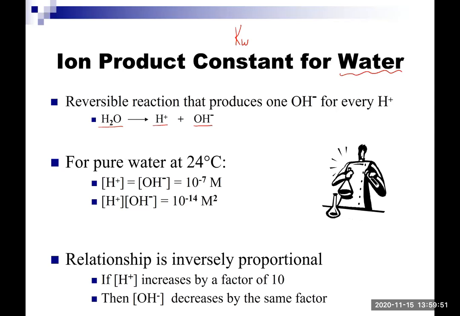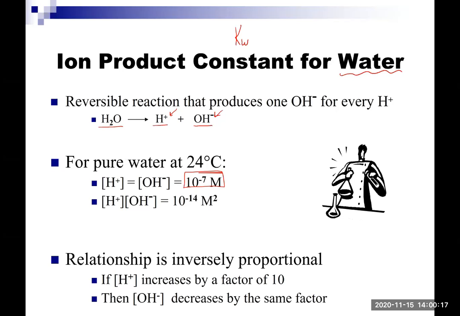So at room temperature, which is around 24, 25 degrees C, this H plus concentration is equal to this OH minus concentration, which is equal to 10 to the minus 7 molar. So H plus concentration is 10 to the minus 7 molar, and OH minus is 10 to the minus 7 molar.